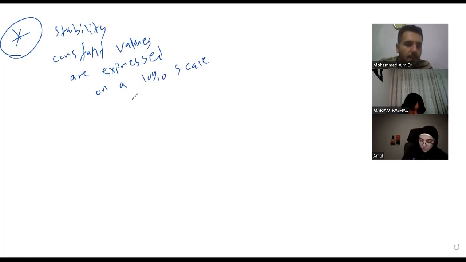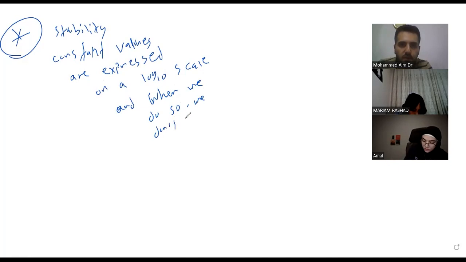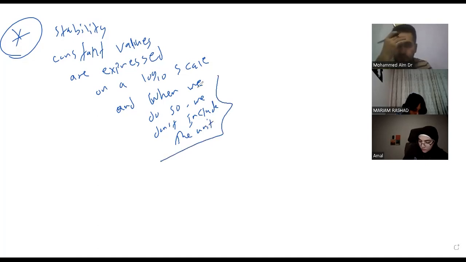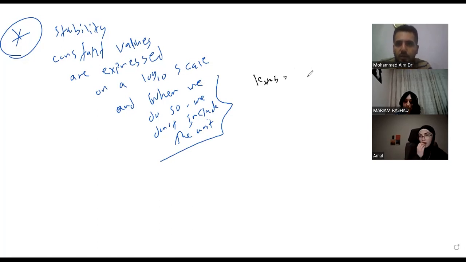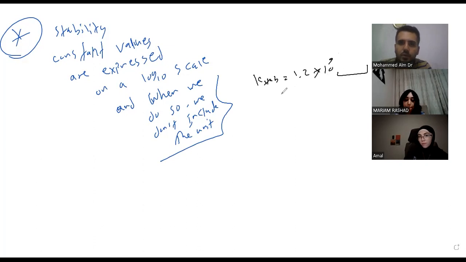And when we do so, we don't include the unit. In any question, when you are given the Kstab value, you will be given something like 1.2 times 10 to the power of 9. You don't have a unit, okay? We don't have a unit.